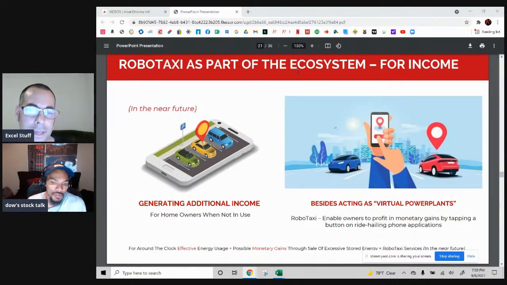That's a big reason he wants Tesla, so people can make money when they're not using their car, or they can just drive. Their kids can use a Tesla to get to school if they're at work, and it's autonomous.